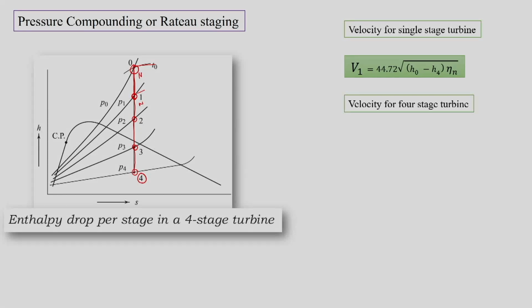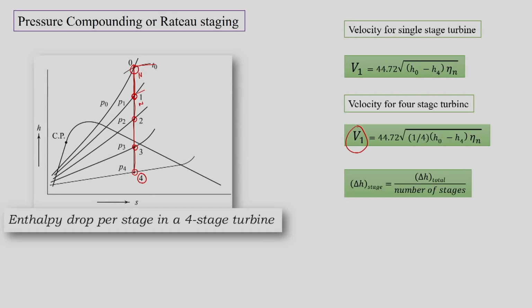But now we have 4 stages, so this enthalpy drop is divided into 4 parts. So, this enthalpy drop into 1 by 4 into nozzle efficiency, square root, times 44.72 is the velocity at the exit of the first nozzle. If we had 3 stages, then this 4 would be replaced by 3.